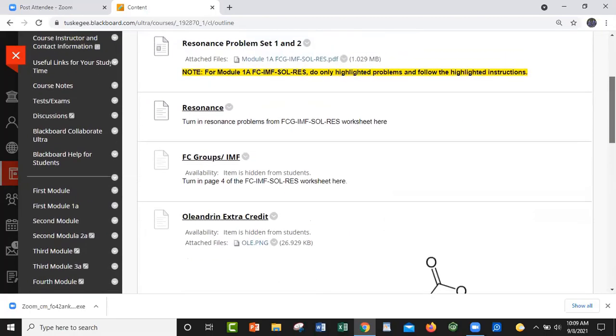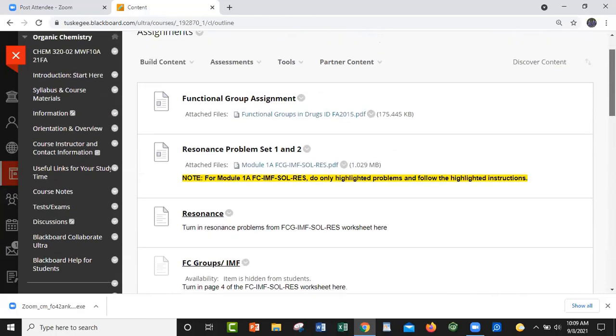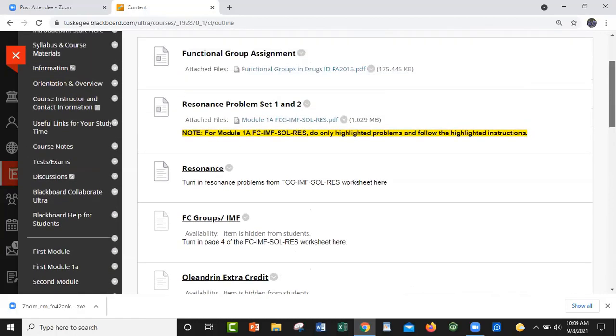No, I put everything from module 1A. Are we in module 1A right now? Yes, everything from module 1A, I put in module 1A. However, I put it in a different submission link. For the FC groups, I think I submitted a different worksheet for one of the worksheets that we had for module 1A, if that makes sense. I'll have to go in and look.